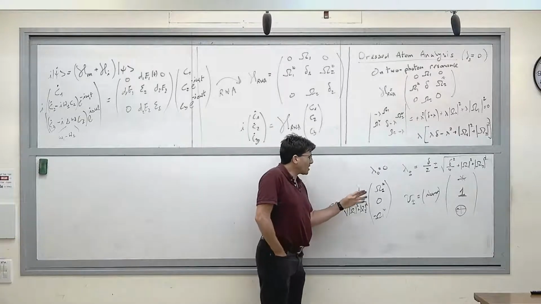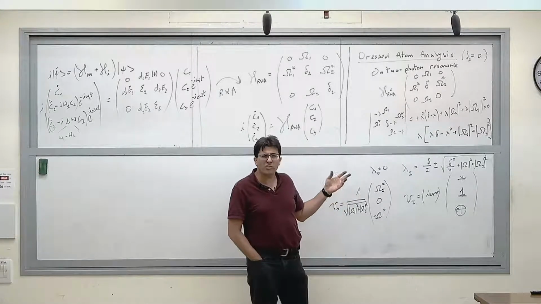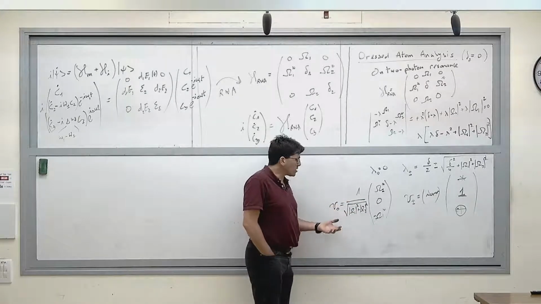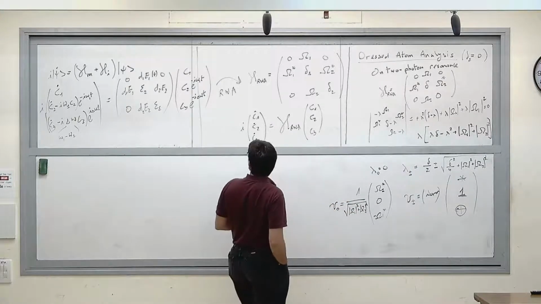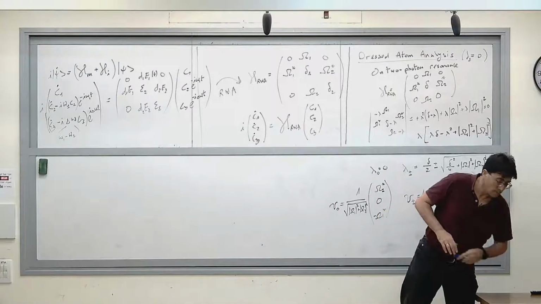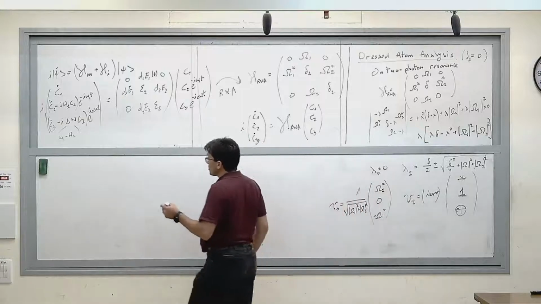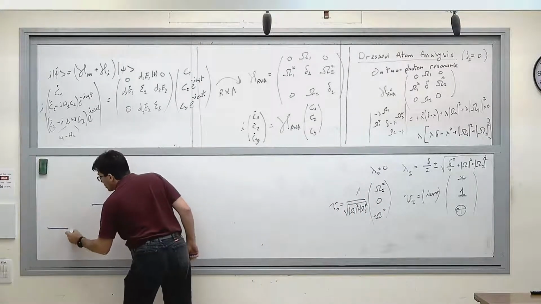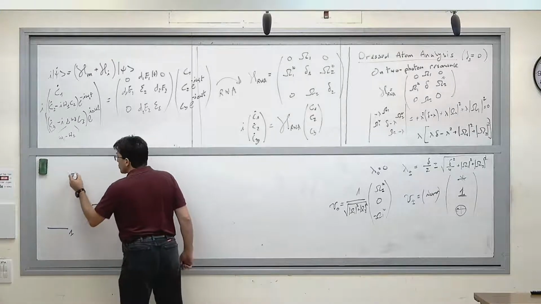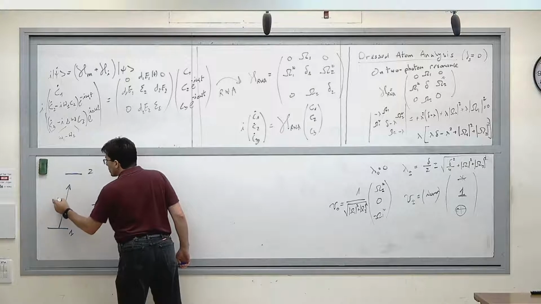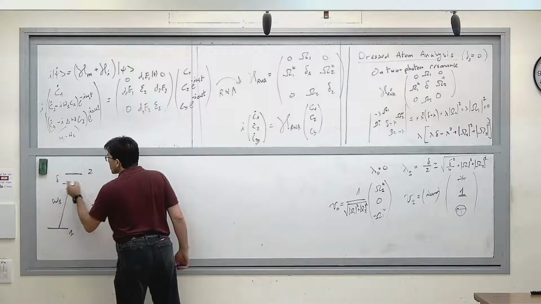First of all, let's see that it makes some interesting sense. For one, let's assume that, oh, I just erased. Let's draw it again. So there's 1, 3, 2, and then there is laser 1 with omega 1 and detuning delta.